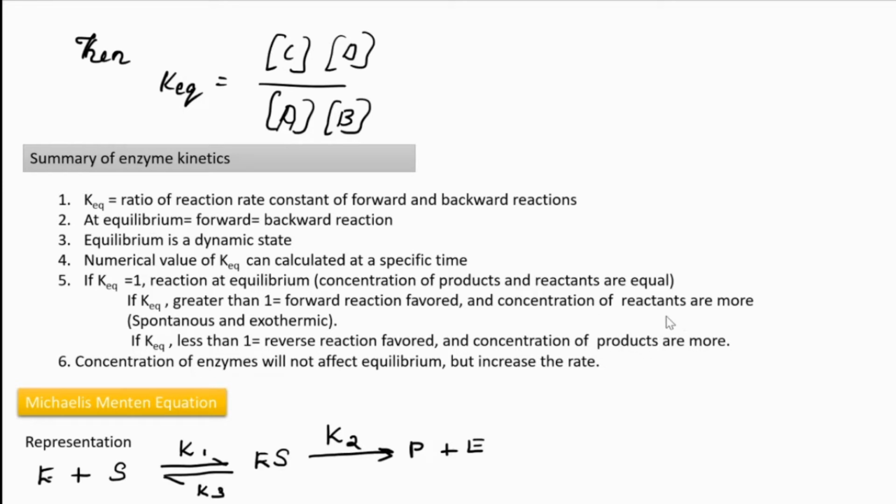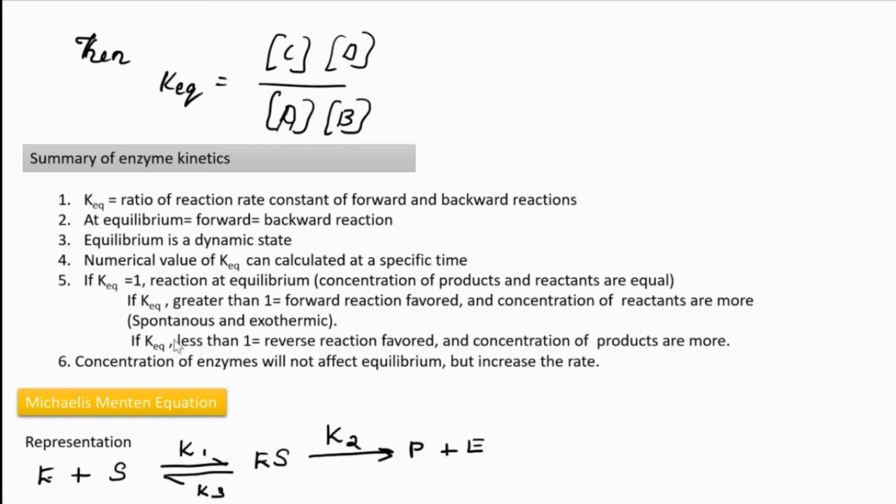As the concentration of reactants is more, the reaction proceeds in the forward direction more than in the backward direction. That condition is explained by K equilibrium greater than 1.